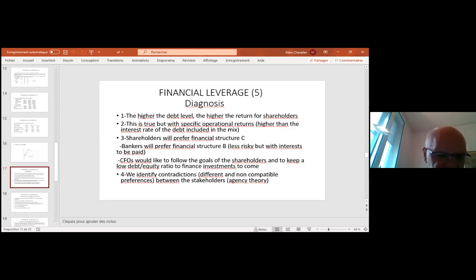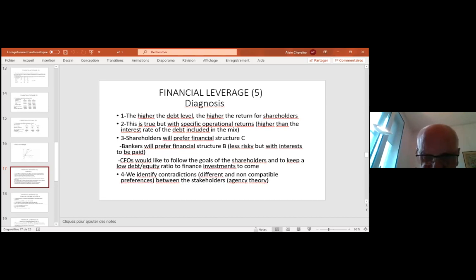In that case, we don't go into all the details. It means we make hypotheses on the operational structure. We will discuss the financial structure. It's like we consider that the break-even operational leverage is a constant, a kind of parameter, and that the only variable is below the EBIT.